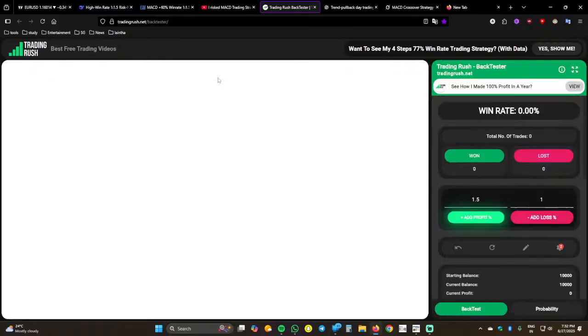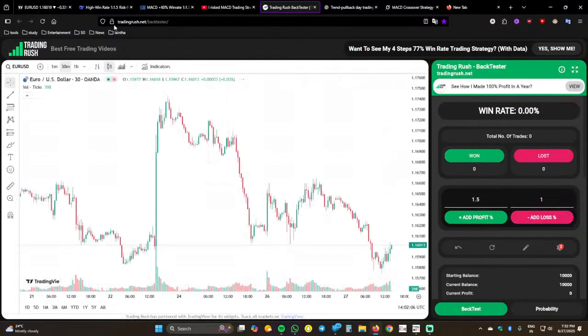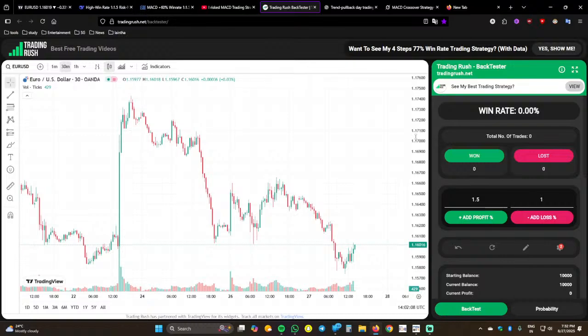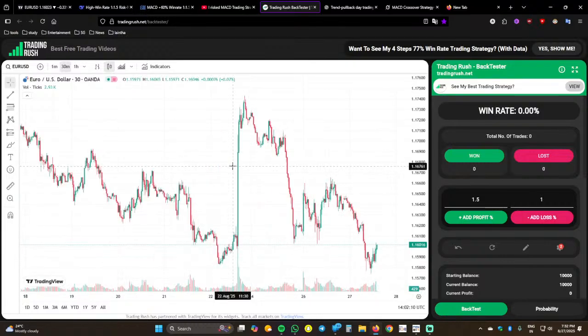Let's check it out. If you go to this link, you'll have this backtester. He has put a TradingView chart on the left and a backtester, which is easy.